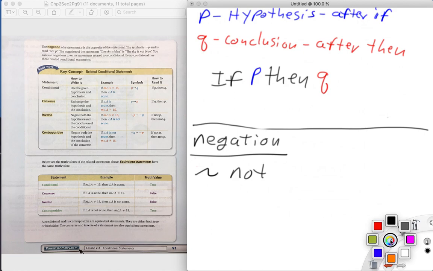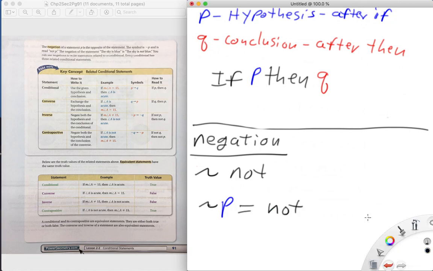So if I have my hypothesis P, I can put the little squiggle in front, and that means not P. You can almost think of it as the negative of P. We can think of this as not Q. So the negation is basically the opposite.